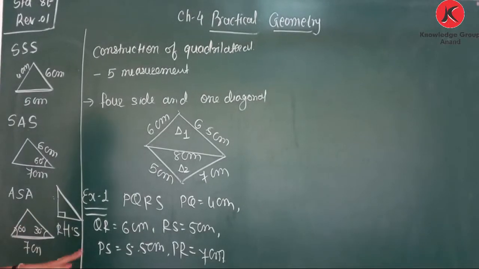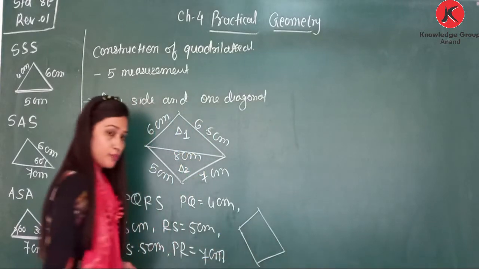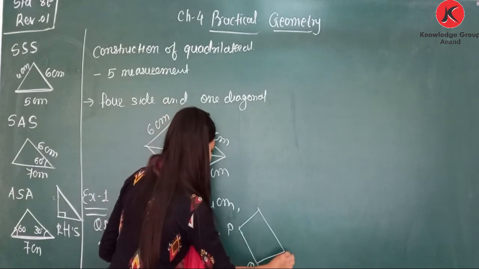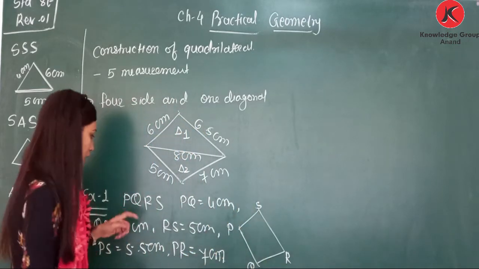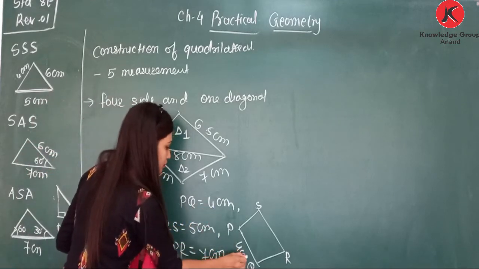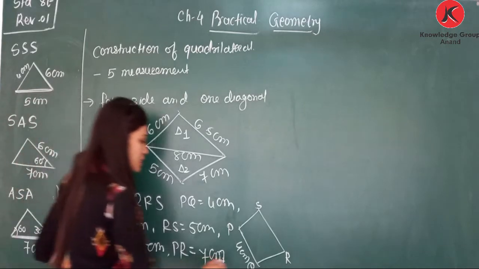So here first draw a rough figure of this measurement. So let's say this is the quadrilateral PQRS. In that, write the measurement. PQ is 4 centimeter. Always draw a rough figure. QR is 6 centimeter.